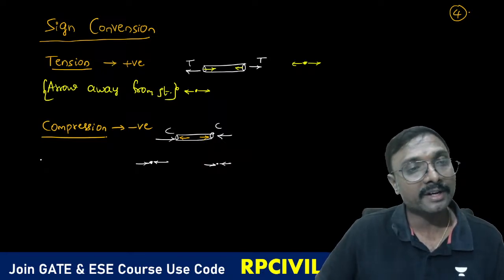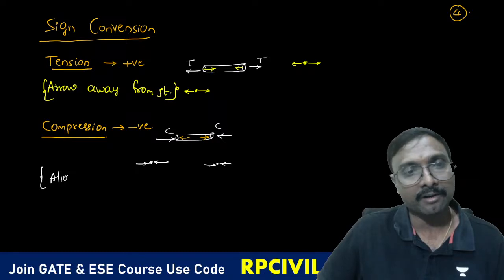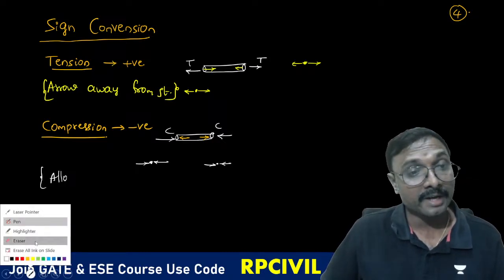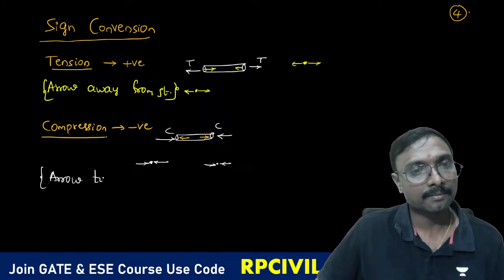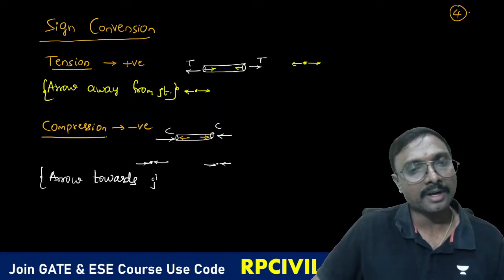So whenever the arrow is towards the joint, you take it as compression.